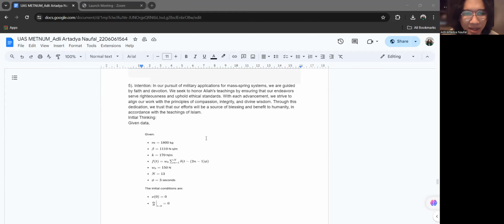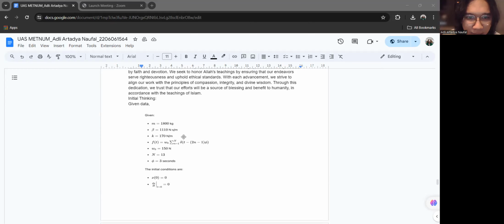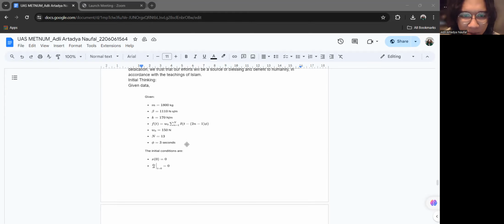Next one is initial thinking. Given the data like this, the mass is 1,800 kilograms, with beta equals 1,110 newton-seconds per meter, and with k, the spring constant, equals 170 newton per meter, with the function like on this, and so on.